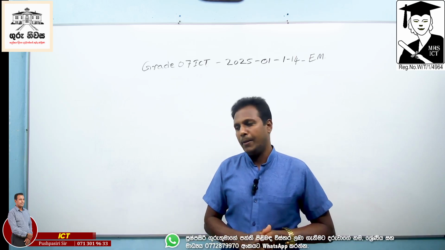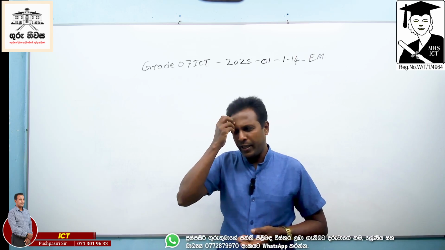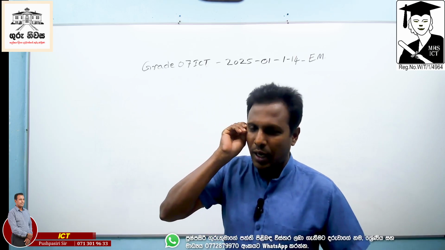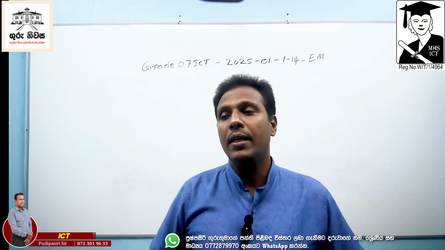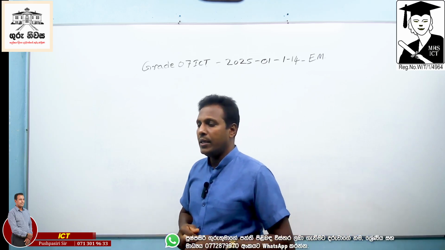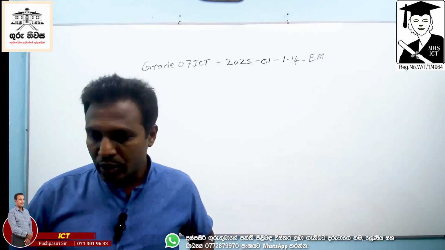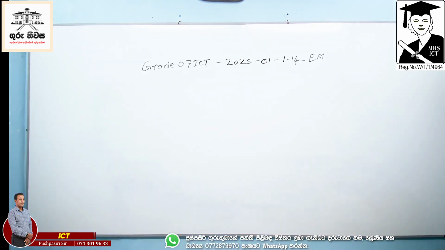So these are the 6 lessons that we have to follow in grade 7. Okay, right. So today we are going to start with the first lesson, lesson number 1, Central Processing Unit. So shall we write down as a heading, Central Processing Unit?